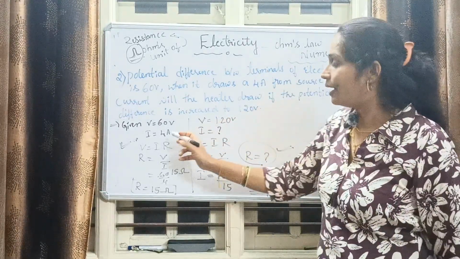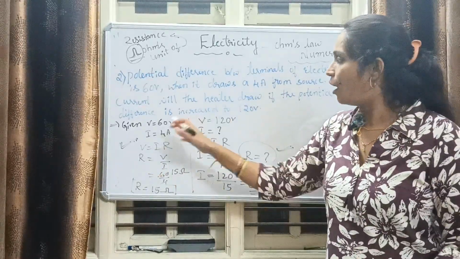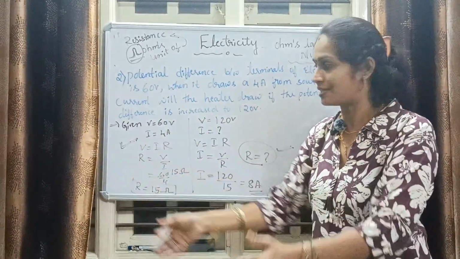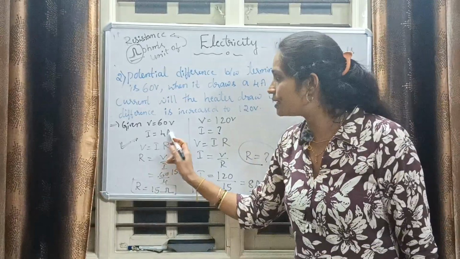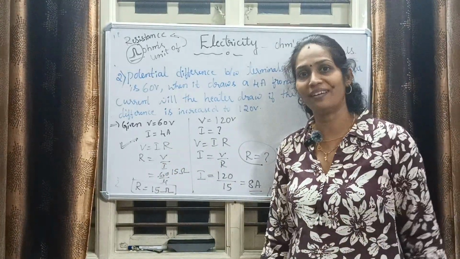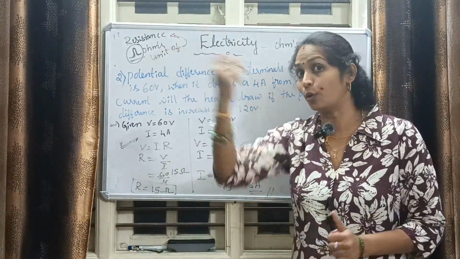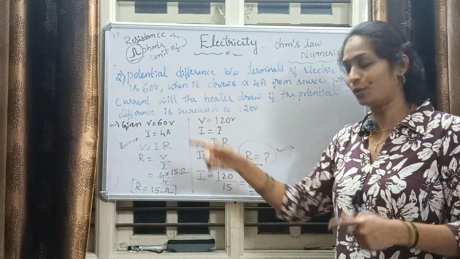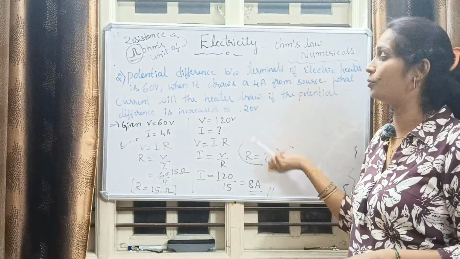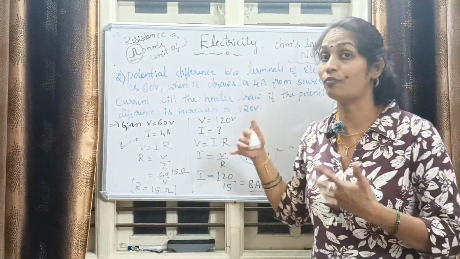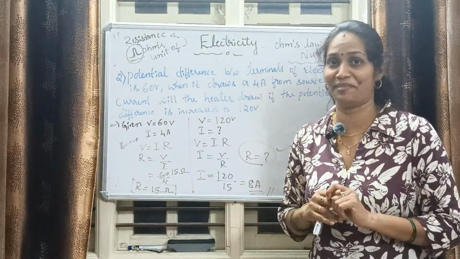It is very easy. However much the potential difference is increased, that much only the current has to increase. I is 4 ampere. It has to increase 2 times. 4 into 2, 8 ampere. There is a logic here. By seeing the problem only, you can easily calculate. But for that type of logic you won't get any marks.